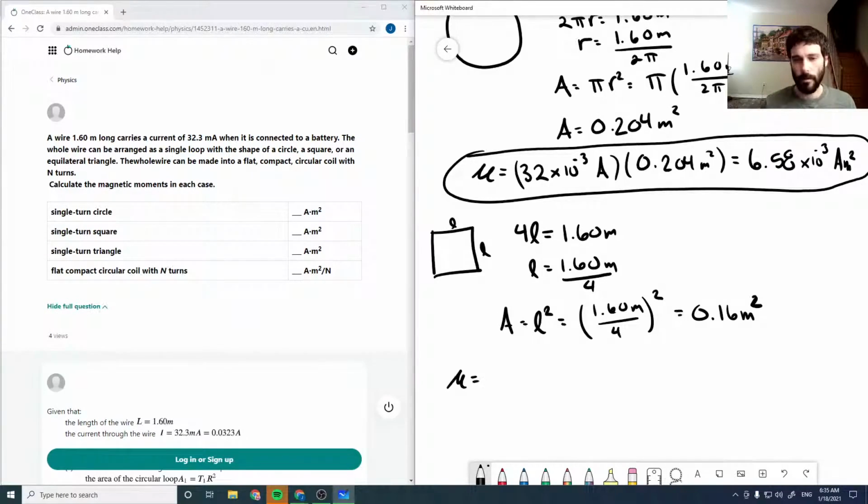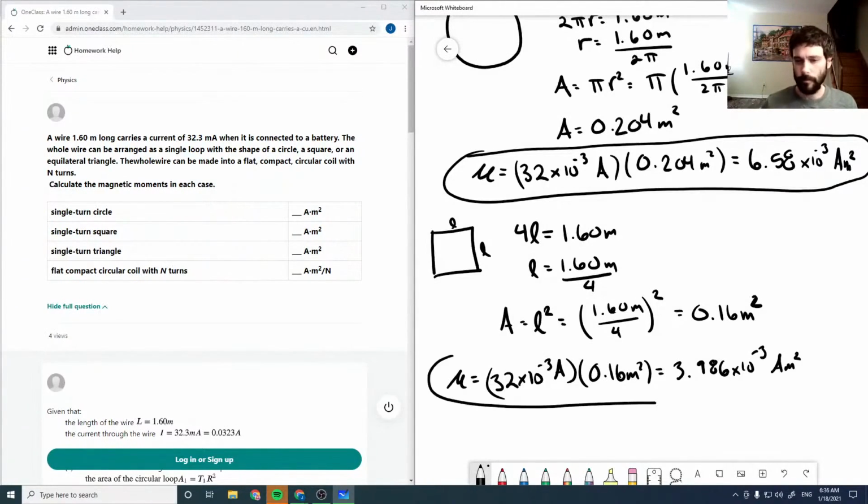And so then our magnetic moment is 32 times 10 to the minus 3 amps times our area, which comes out to be 3.986 times 10 to the minus 3 amp meters squared. So that's for a square.